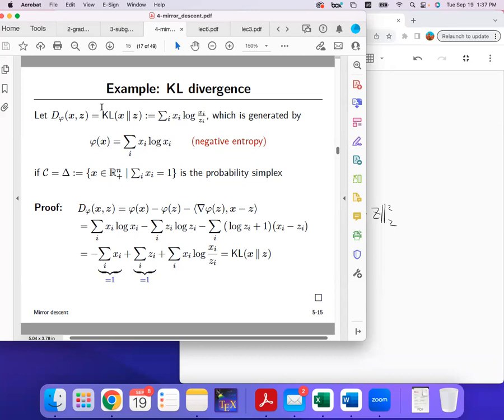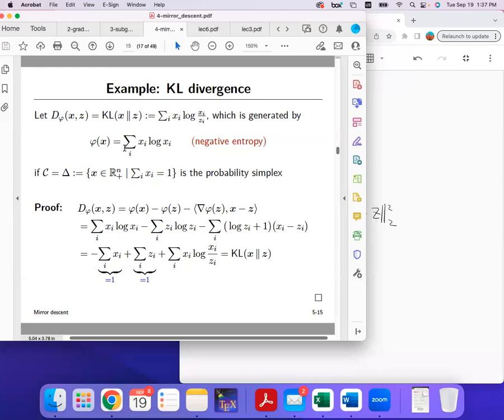Now, this KL divergence can be generated by Bregman distance using such a function. If you define phi(x) to be the negative entropy. So entropy is the negative of this thing, right? So we call this negative entropy.